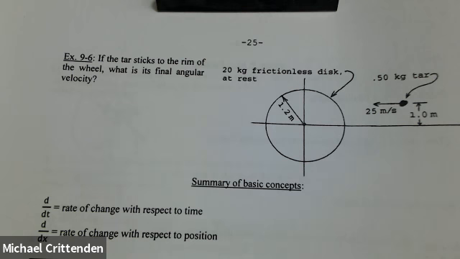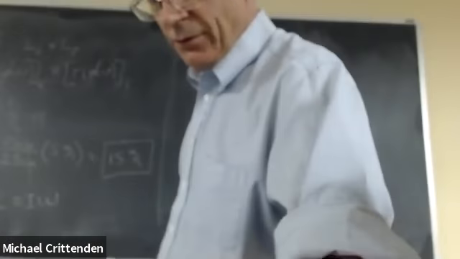What is conserved is angular momentum, because it's a system with no external torques on it. This two-body system, the tar and the wheel, has no external forces creating any torques. So that's the background information. The solution goes like this.